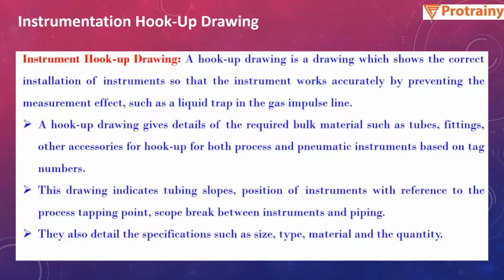Then instrument hookup drawing. Okay, so it gives you the correct position and how the instrument will be placed in the process pipeline, so that we can easily measure. So basically using the tube and fittings, the instrument will be fit with the help of OLEDs in the pipe.